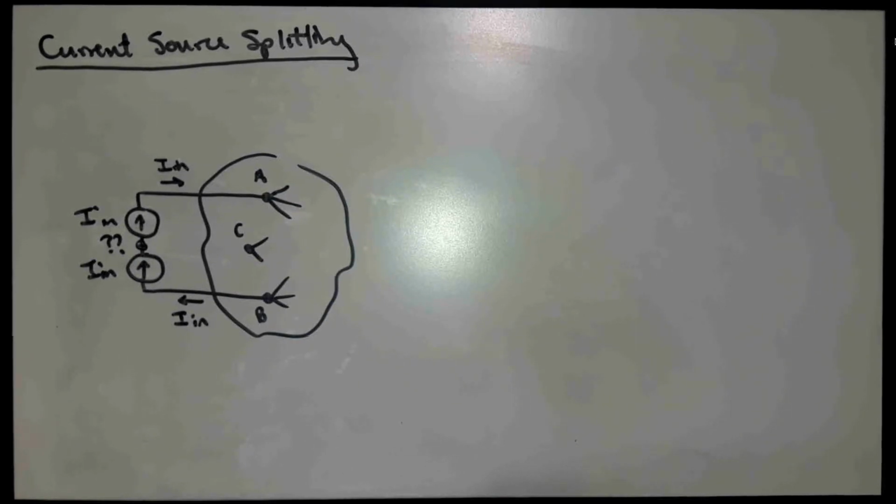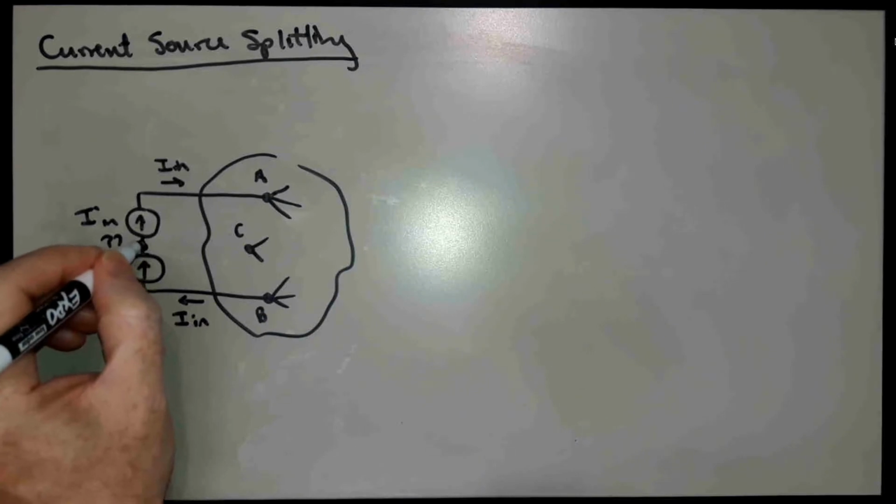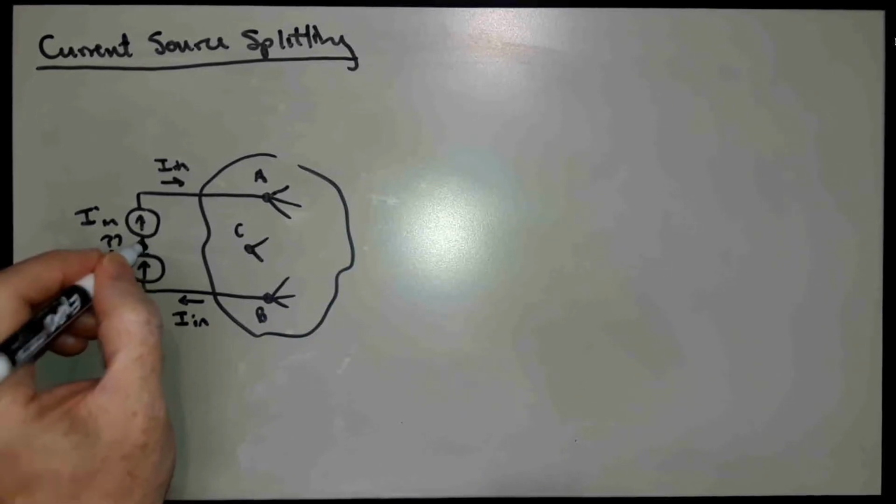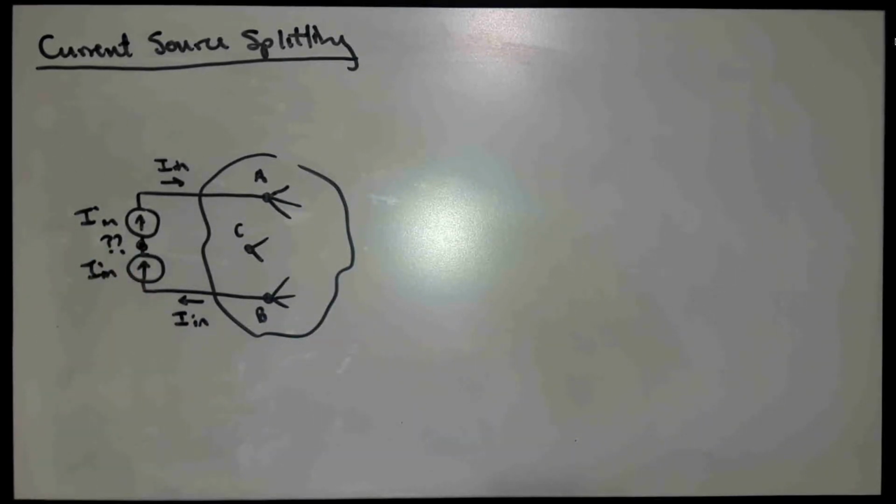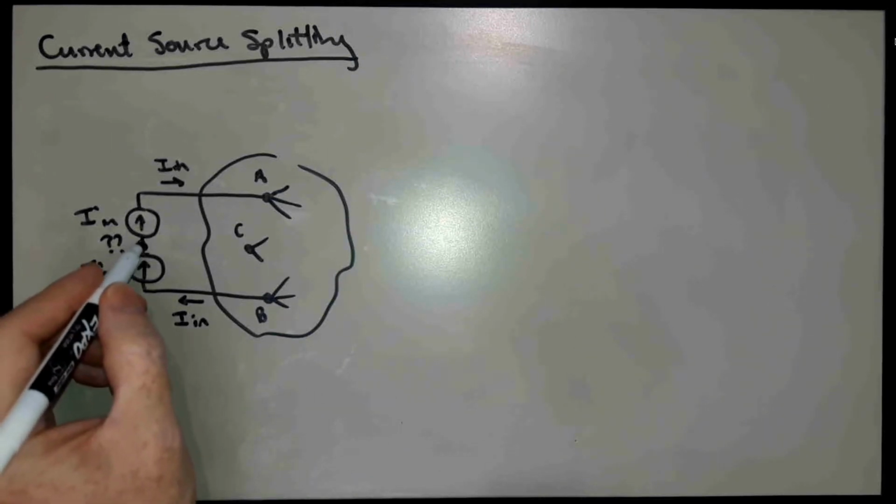We can look at that as a problem because, oh my gosh, we don't know how to find it. Or we can look at it as an opportunity. So we can say, well, if any voltage on this node is consistent with the circuit, then I can make this node voltage anything I like.